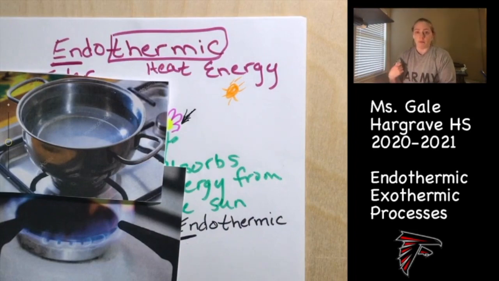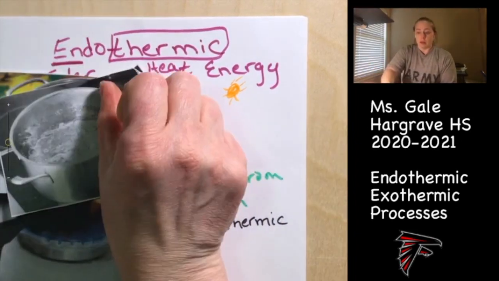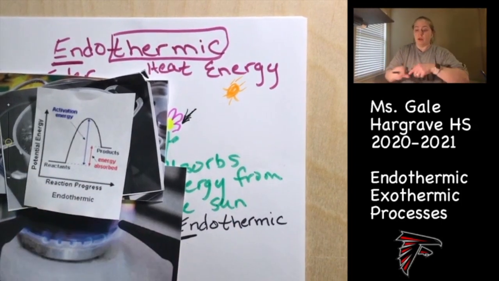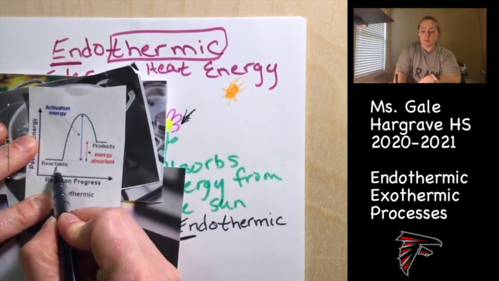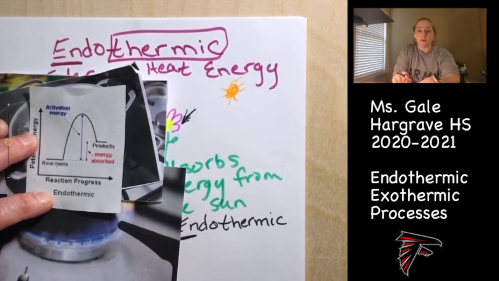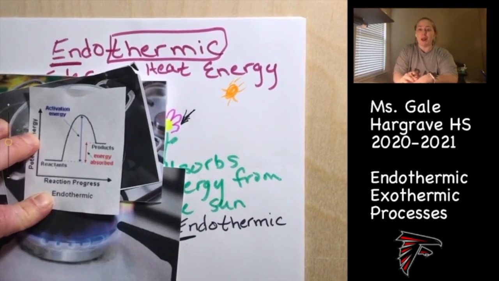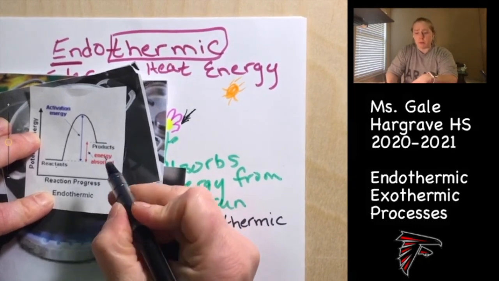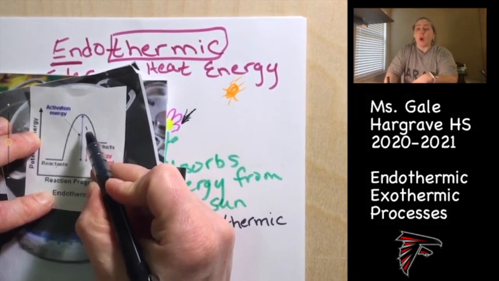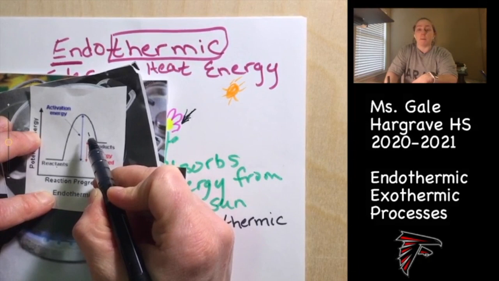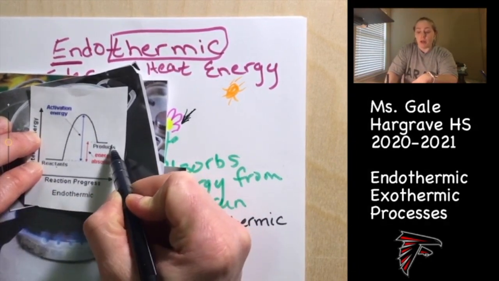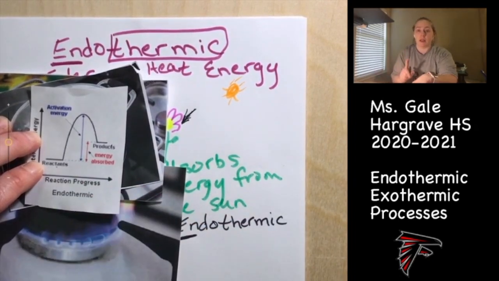You gave fourth graders who are complacent, they're cool, they're doing what they're supposed to, a 12 pack of Red Bull. Their energy goes, holy mackerel. They're bouncing off the wall. So products will have more energy than the reactants in an endothermic.